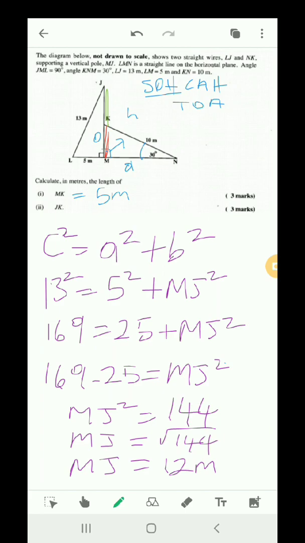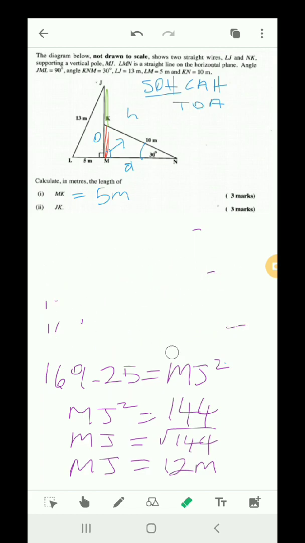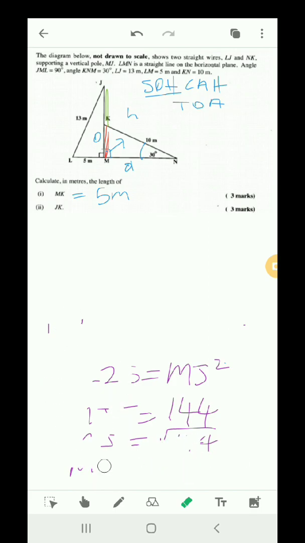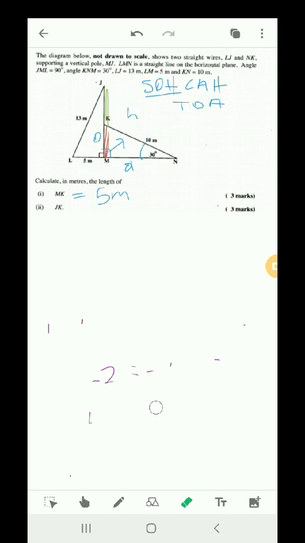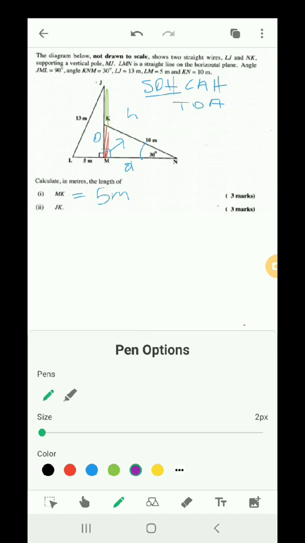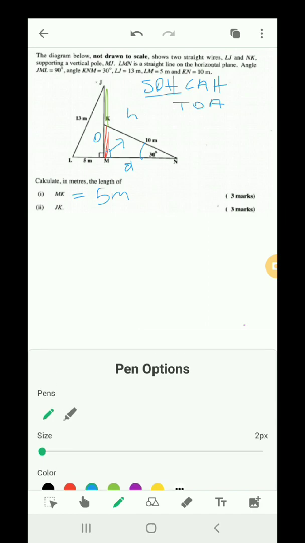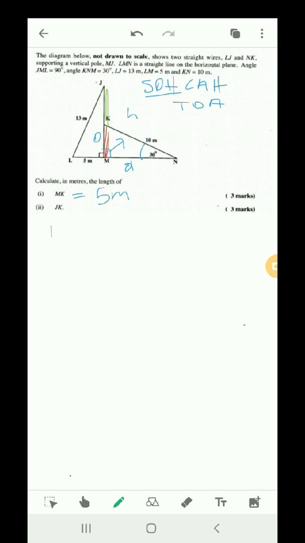So let's erase this so we can have some space. So let's write that down. MJ is equal to 12 meters.